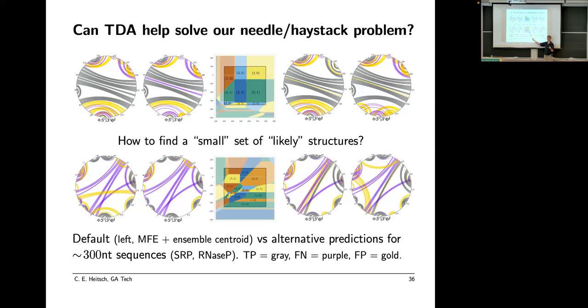If I don't constrain myself to just one slice, I will find more accurate predictions. So we can keep making the haystack bigger, but we still don't know how to find the needle or needles in it. And a needle would be defined as a structure that is likely, in the sense that the farther away you move, the more pathological these structures start looking.